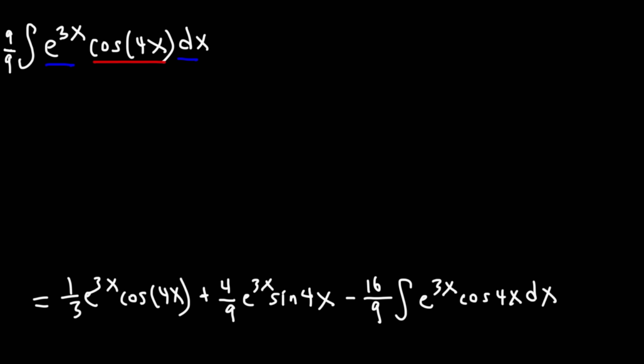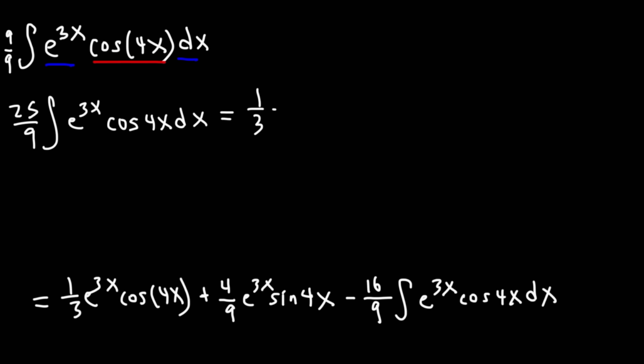So 9 over 9 plus 16 over 9, that's going to be 25 over 9 integral e to the 3x cosine 4x dx. And then that's going to be 1/3 e to the 3x cosine 4x, and then plus 4 over 9 e to the 3x sine 4x.